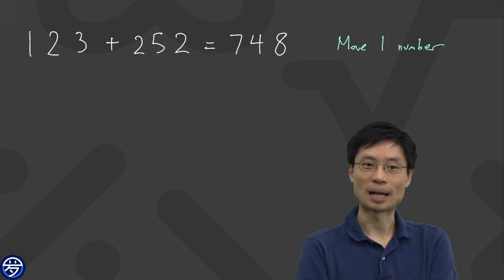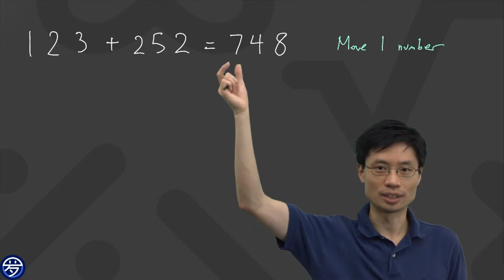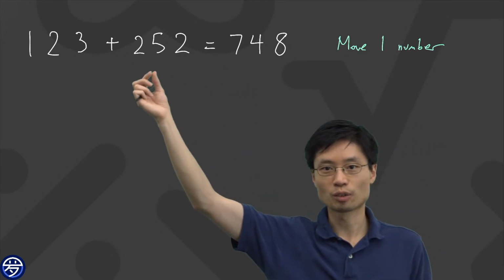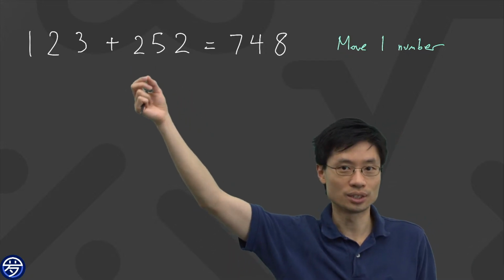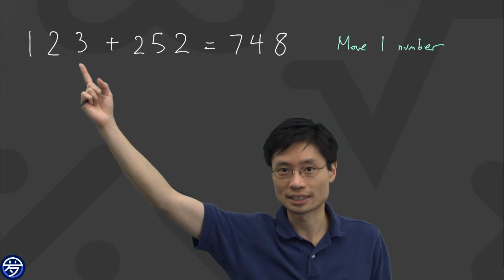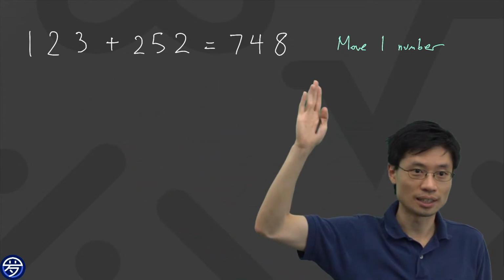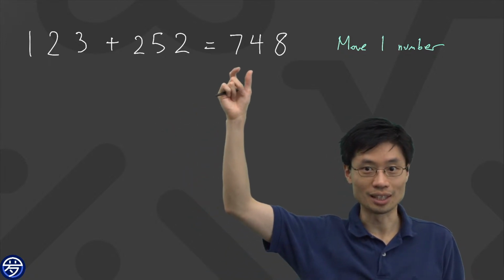It looks sort of bad otherwise, because how do I fix this 700? If I want to fix this 700, I would have to put a 5 in front somehow. Putting a 5 in front, I could get 522, but then unfortunately, it's not going to work on the last digit because the 3 plus 2 doesn't end in 8. So I don't see a nice way just to get the 7 legitimately.